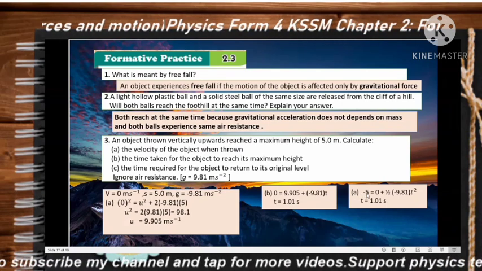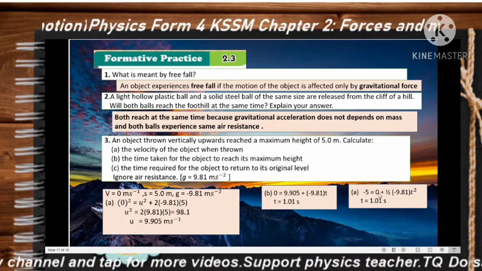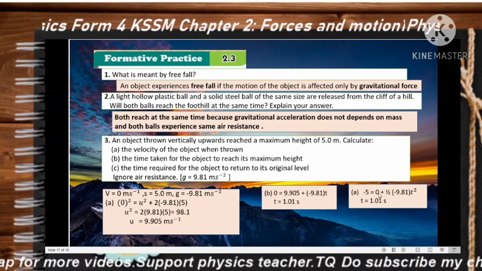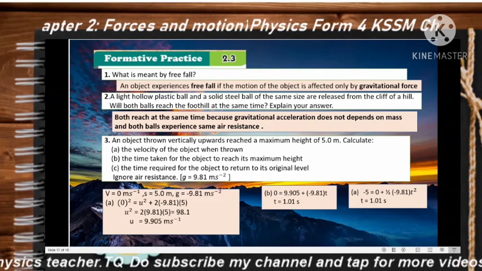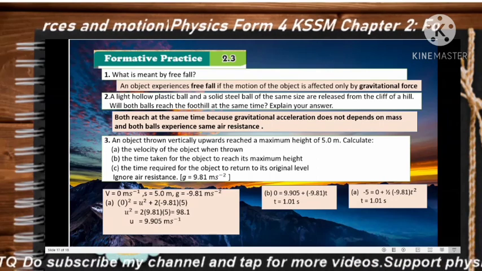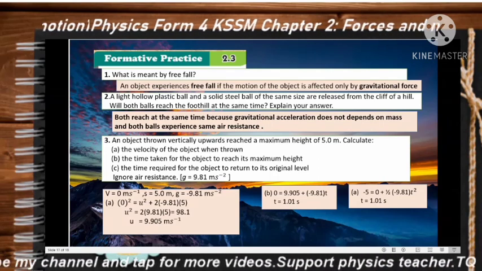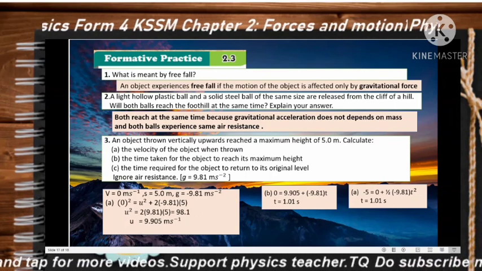Okay, so negative 5 equals 0, because it falls, so u equals 0, plus half, g is negative 9.81. Then you find t, so you get t equals 1.01 second.